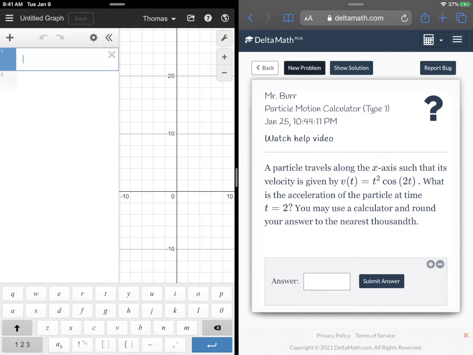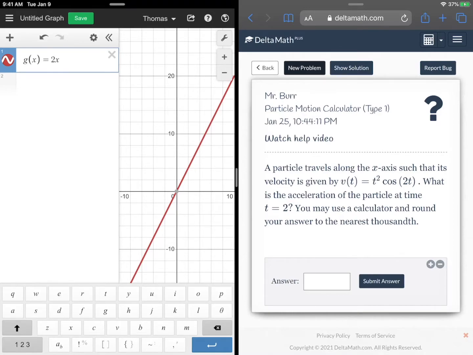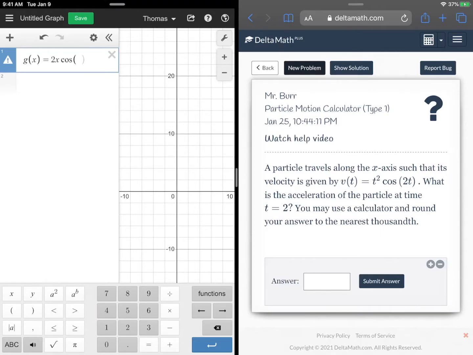One way you could do this, I'll just call this g of x here, right? You could take this derivative yourself. You could say, okay, g of x is the derivative of t squared is 2t, but I'm going to use x here instead. So 2x times the cosine of 2x, right?